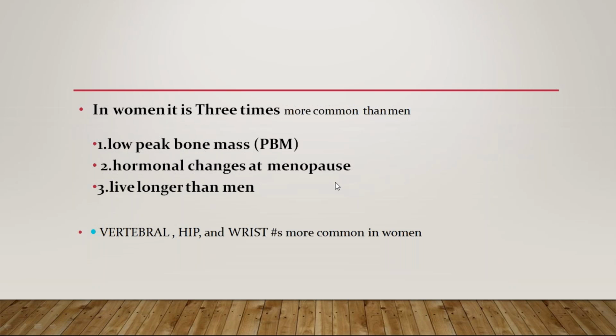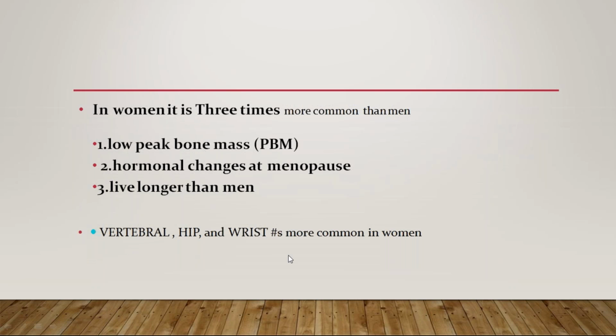After menopause estrogen secretion stops, so there is a high chance of osteoporosis. And women live longer than men, with a much longer life. That's why osteoporosis is more common in women.